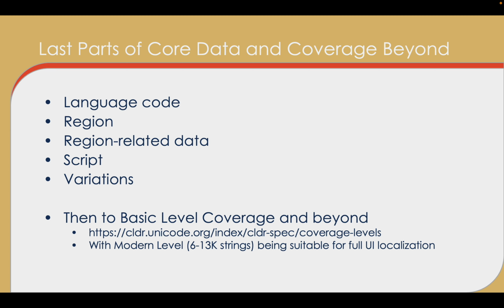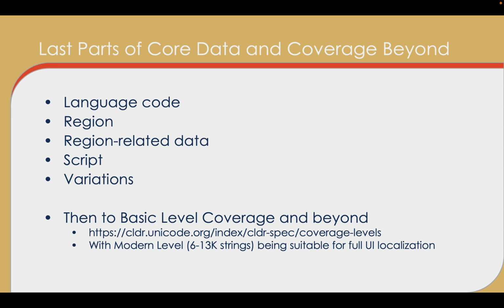And so you can go beyond just the core data. In fact, it's a requirement to go a bit beyond it to basic level coverage. And there's just less than 100 items. So the number of items previously to get to core data is, you saw, you got some months, month names, day names, some other little pieces of data.